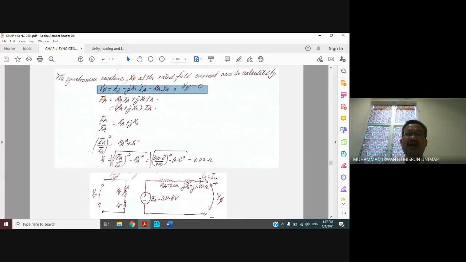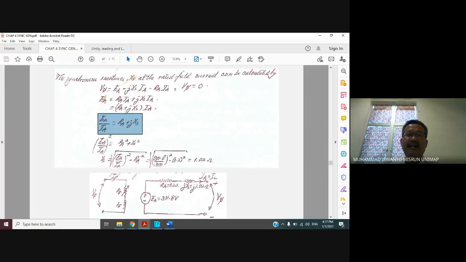Nah, ini the value of IA, give the factor kan. So it can be written like this, EA over IA is equal to RA plus jXS. Lihat ya, this one is a complex number. So from the complex number, we can obtain the magnitude of each element.